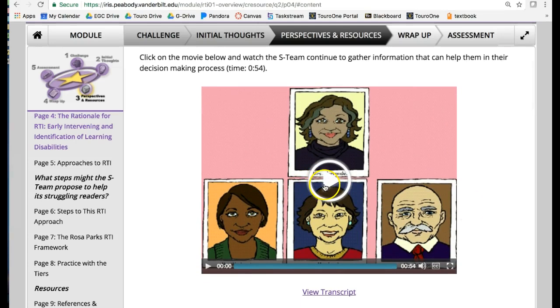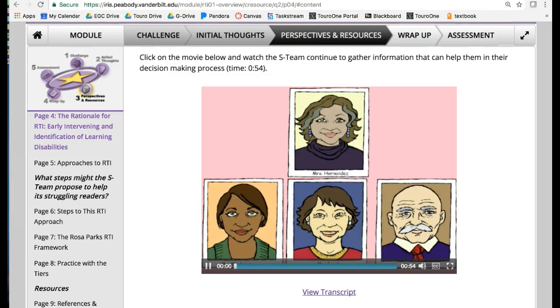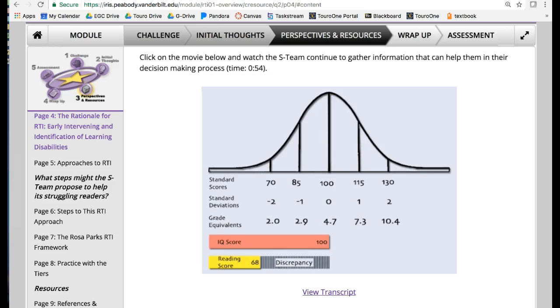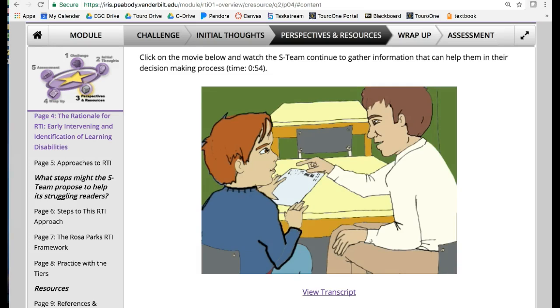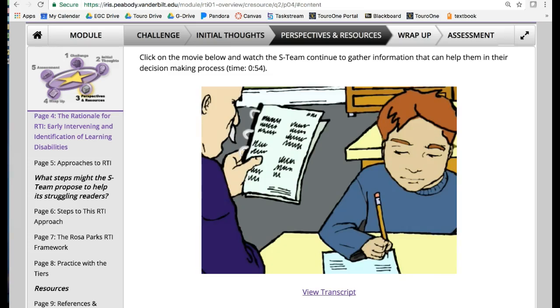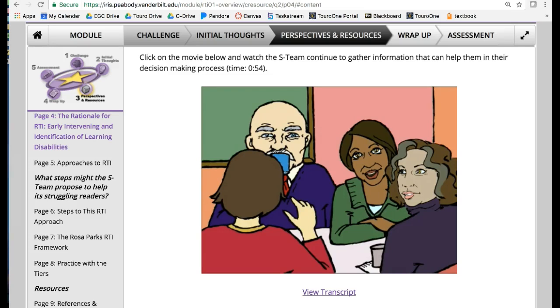So we're going to watch another one of these Rosa Parks videos. The Rosa Parks S-Team members are comfortable with the IQ achievement discrepancy model used to identify students with learning disabilities. The process is pretty straightforward. Students are referred, tested by a diagnostician, and identified as having a disability or not. However, the S-Team members wonder if the RTI model can solve some of their frustrations.